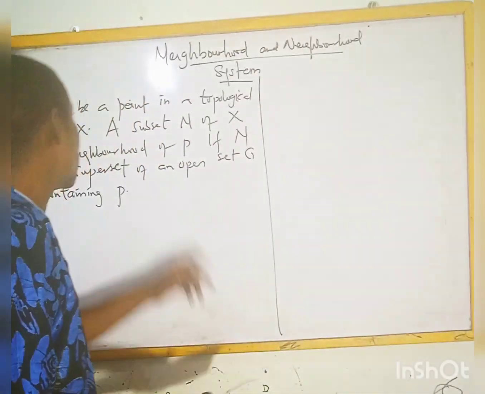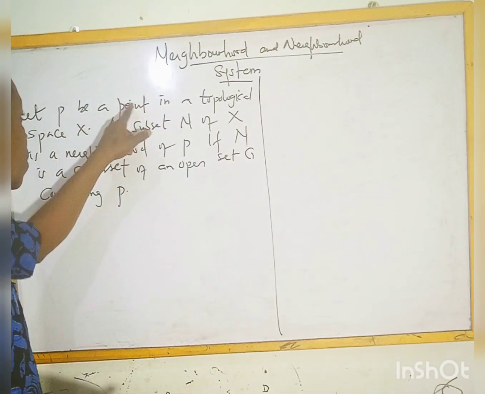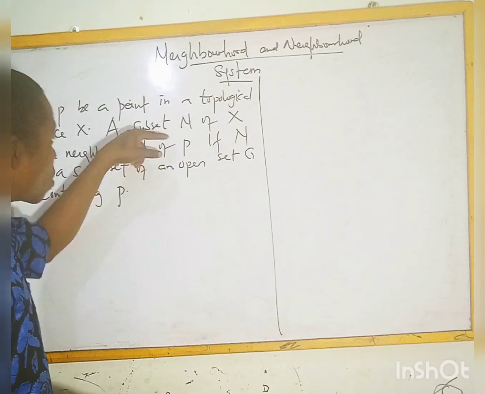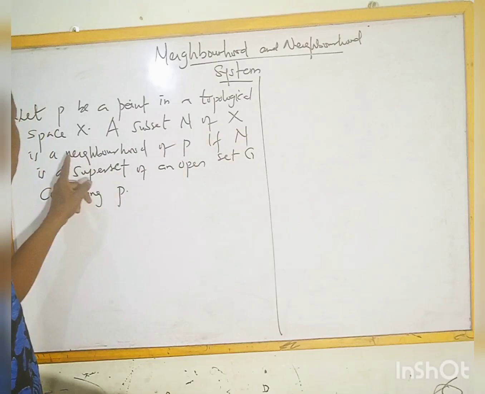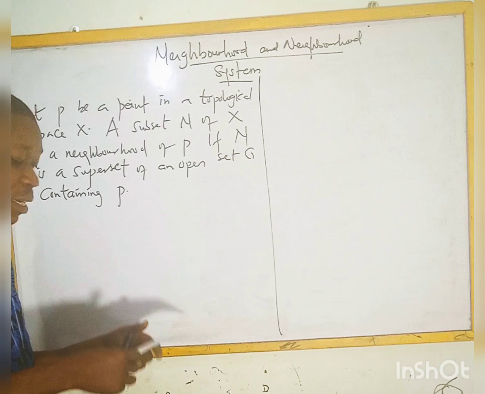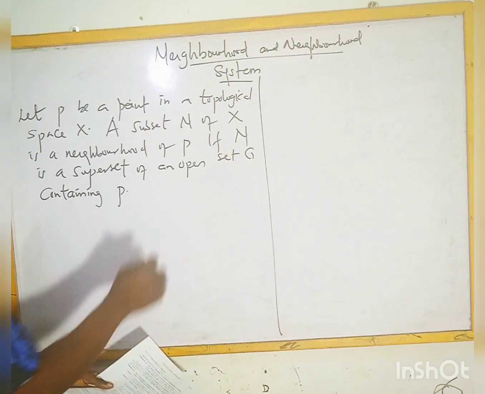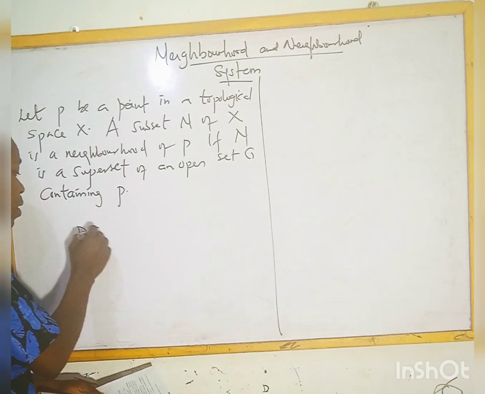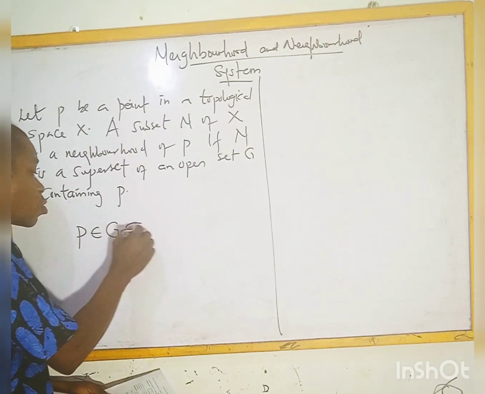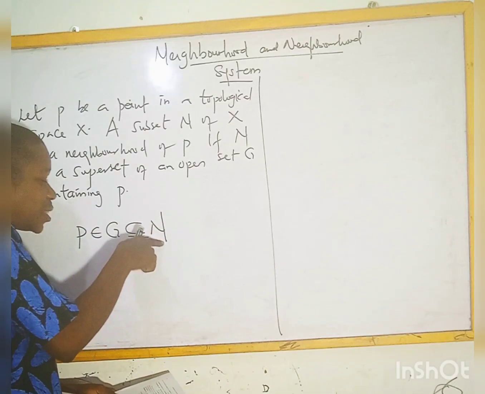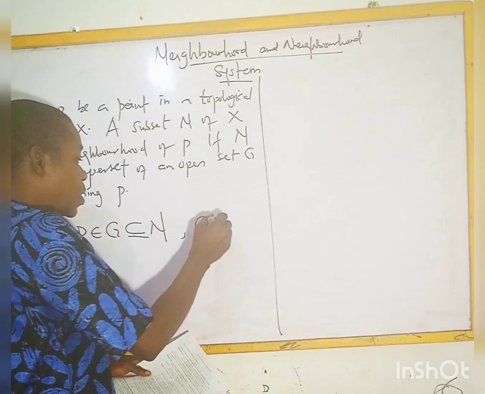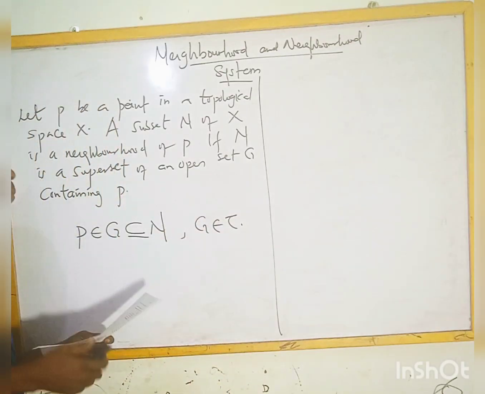That is the definition for a neighborhood. It says let P be a point in a topological space X. Now, a subset N of X is a neighborhood of P if N is a superset. What they're trying to say is that if I have a point P, it is an element of the open set, and then it is also contained in that N. Now, don't forget that our G must be in the topology; it's an open set here.